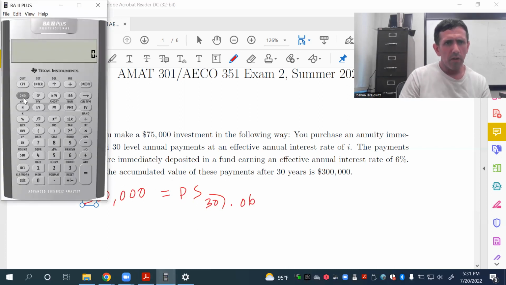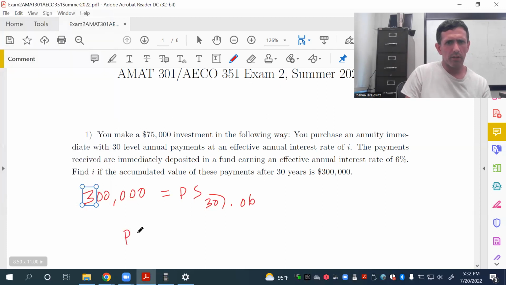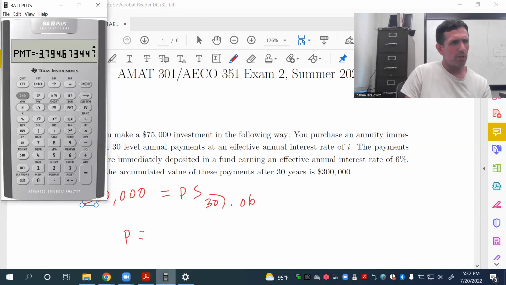Let's use our calculator: 300,000 is the accumulated value, 30 and 6 interest, compute payment, and we get P is 3794.67345.